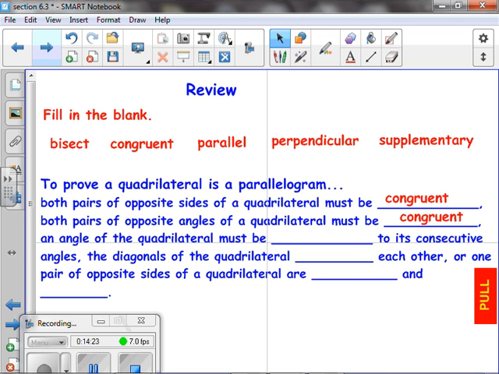And an angle of the quadrilateral must be supplementary to its consecutive angles. The diagonals of the quadrilateral bisect each other. Or one pair of opposite sides of a quadrilateral are parallel and congruent, as we just talked about.